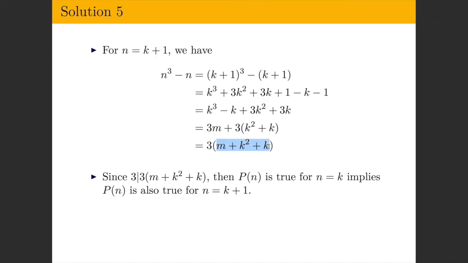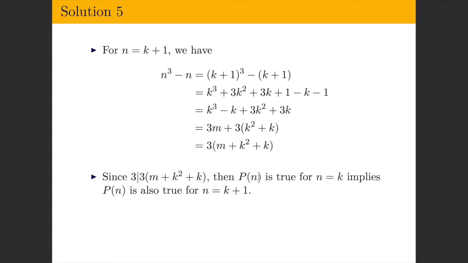So altogether, this expression, m plus k squared plus k, is a whole number, which means multiplying their summation by 3 will give me a number that is divisible by 3. And that's what I've written here. 3 definitely goes into 3 times some whole number. And so we can say 3 goes into this expression.